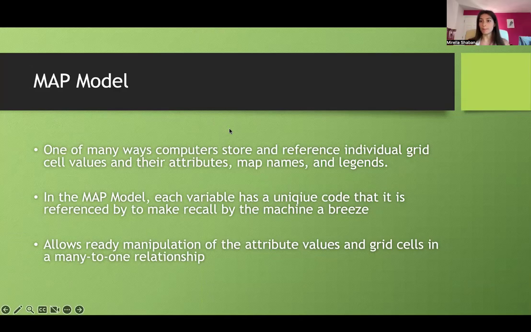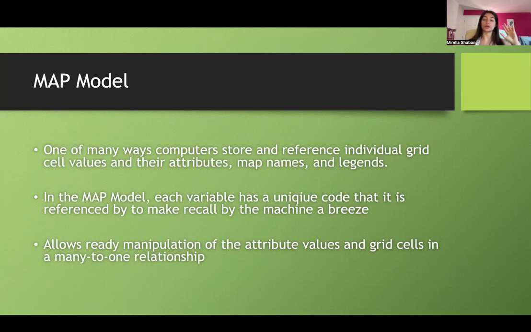We then talk about map models, or MAP models. This is one of the many ways that computers store and reference information in a grid cell value, as well as their attributes, the map names, and the legends. So in a map model, each variable has its own code, and that is referenced by recall by the machine.